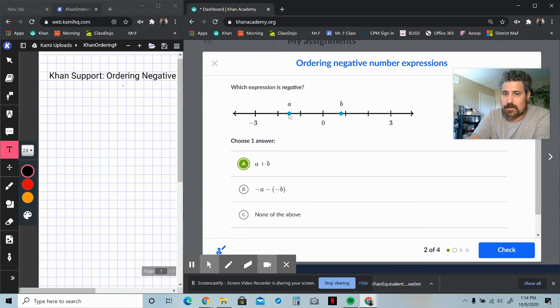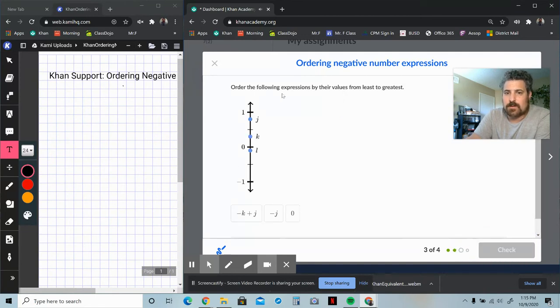Where would the opposite of A be? Over here, right? So if you were to read this as an answer, it's really going to say that, okay, we're going to make A the opposite of itself, and then we're going to add this positive B element. So we're going to go that much further to the right. It's going to end up being very positive. It's definitely not going to be negative. So the only correct answer is A plus B, because the negative would win that tug of war.